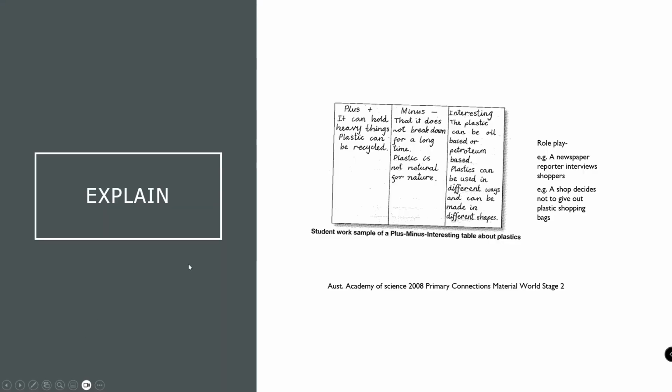They can self-reflect on some of this sort of stuff and do role-playing exercises. So you can go 3-step interview where one person interviews, one person is being interviewed and one person's recording. You can do role play. For example, a newspaper reporter interviews shoppers and a shop decides to not give out plastic bags. So again, a bit of a dated reference there. But you could do things like plus minus interesting tables about plastic.